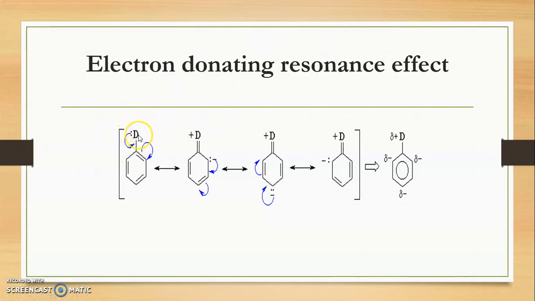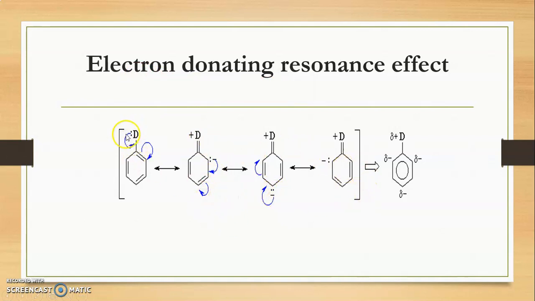If this functional group is directly attached to your benzene ring, it donates the lone pair of electrons to the benzene ring, due to which the net electron density on the benzene ring increases. Means the electron donating resonating group places a negative charge on the benzene ring, as you see over here.